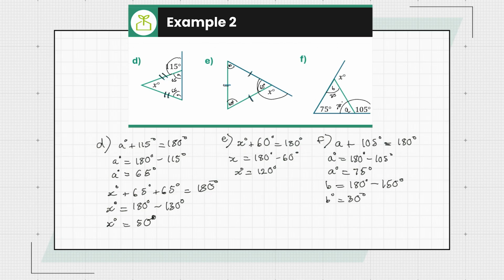Now if this is 30, and this is also on a straight line, then x degrees plus 30 degrees must equal 180 degrees, and that means that x must be 180 minus 30, which is just equal to 150 degrees. Alright, that's it for this video.